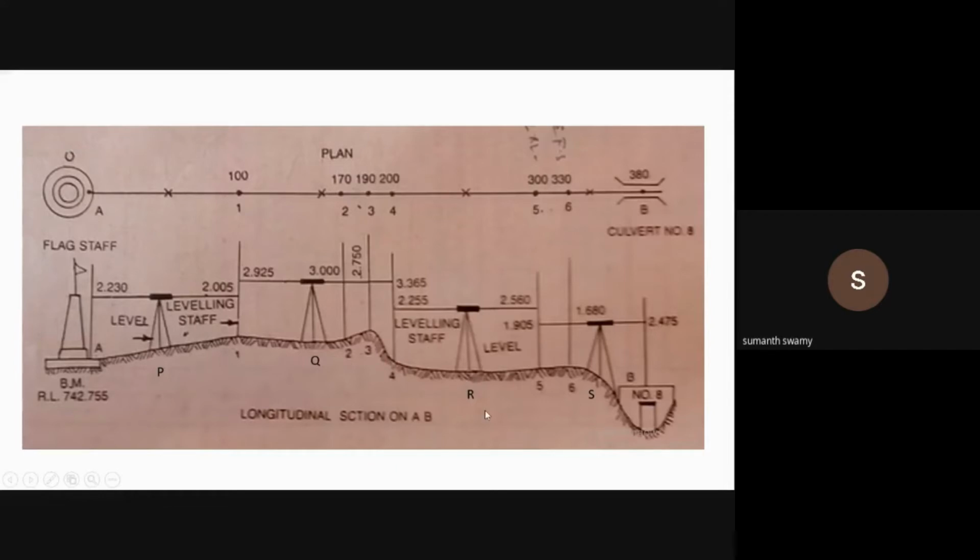Once the station is established at R, the backsight is taken without changing the position of the staff. Similarly, from station R the station is shifted to station S, and again the backsight and foresight are taken. The last foresight is taken on the culvert. Like this, the procedure is carried out.